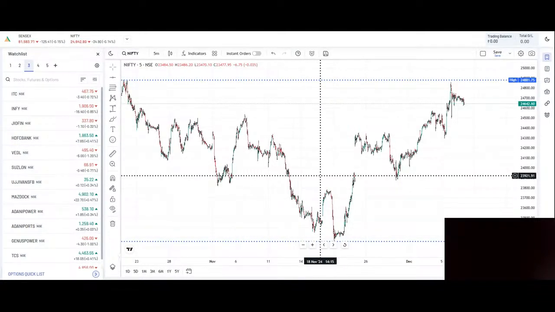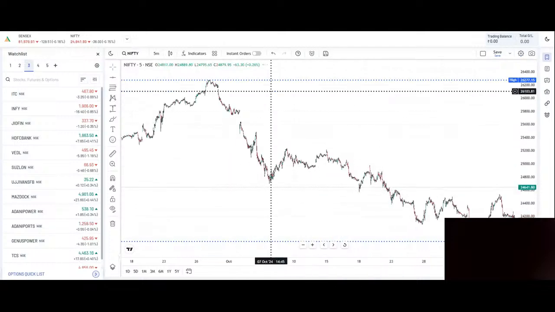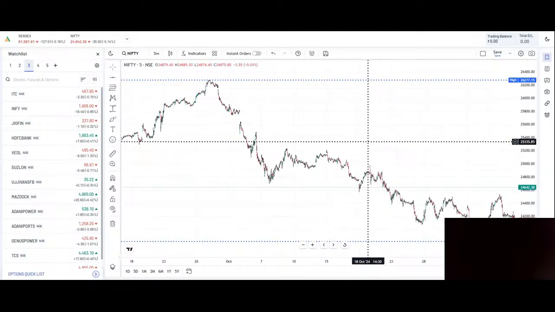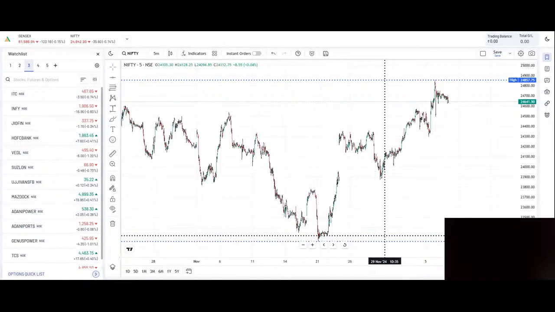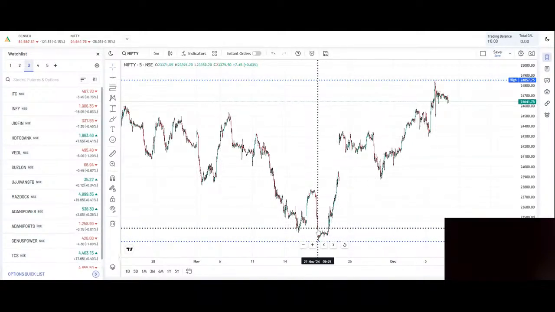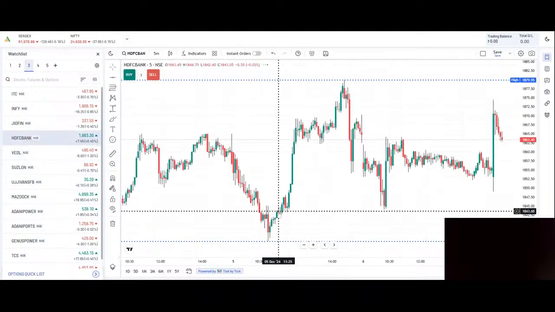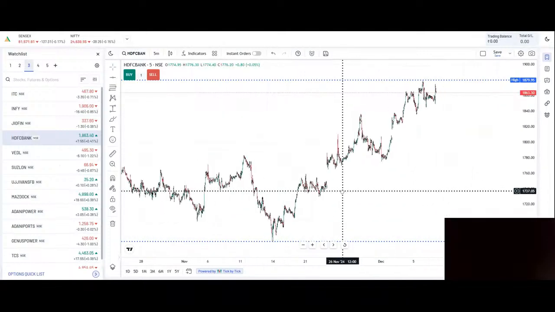Probably I could not share my chart. So see, this was the one. It started falling down from 26,077 and kept falling till November 21st. Now, if I open up HDFC Bank, you see this.